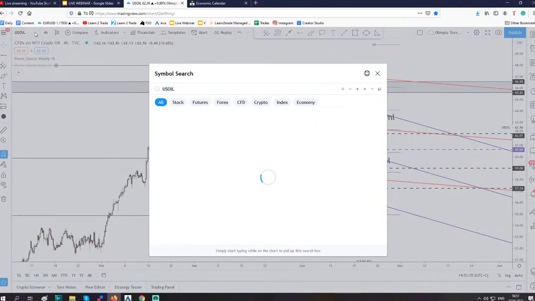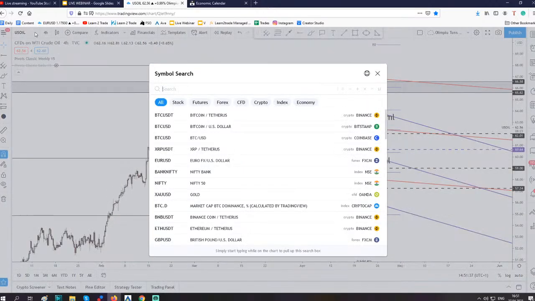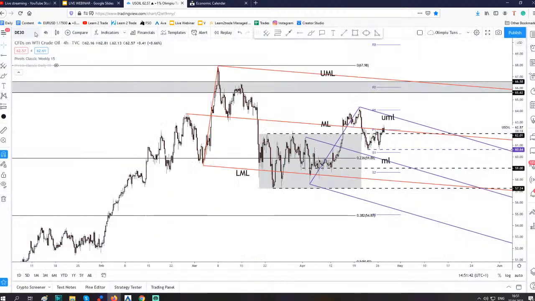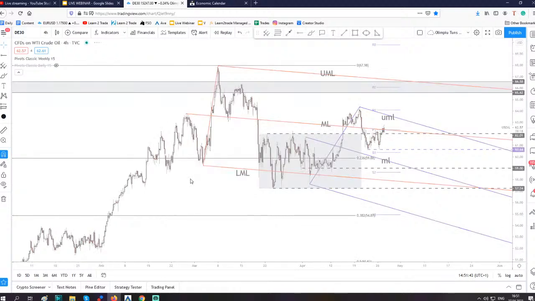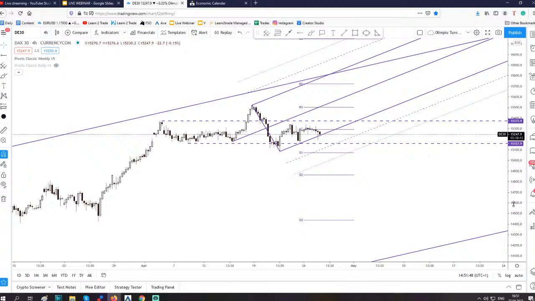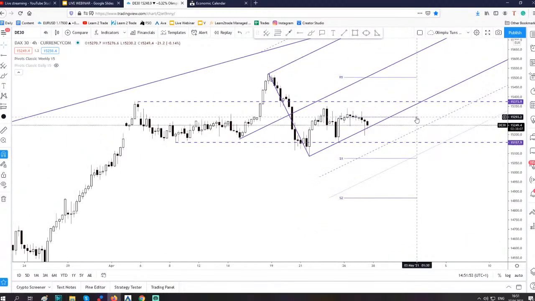let's take a look also at DAX again, DAX 30. I promised you guys that we will take a look again. And as I told you earlier at the beginning of this webinar, the German stock index has found strong resistance here at the weekly pivot point.